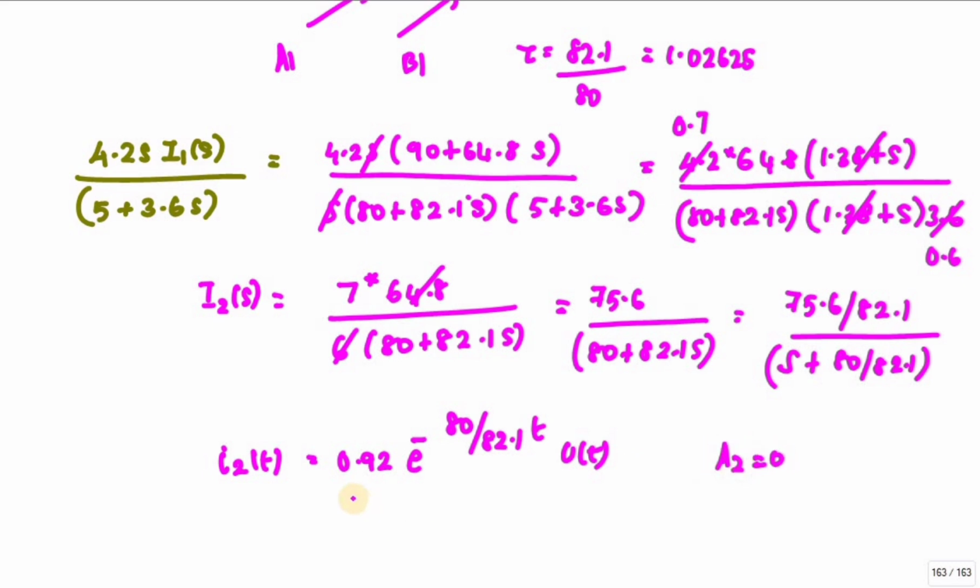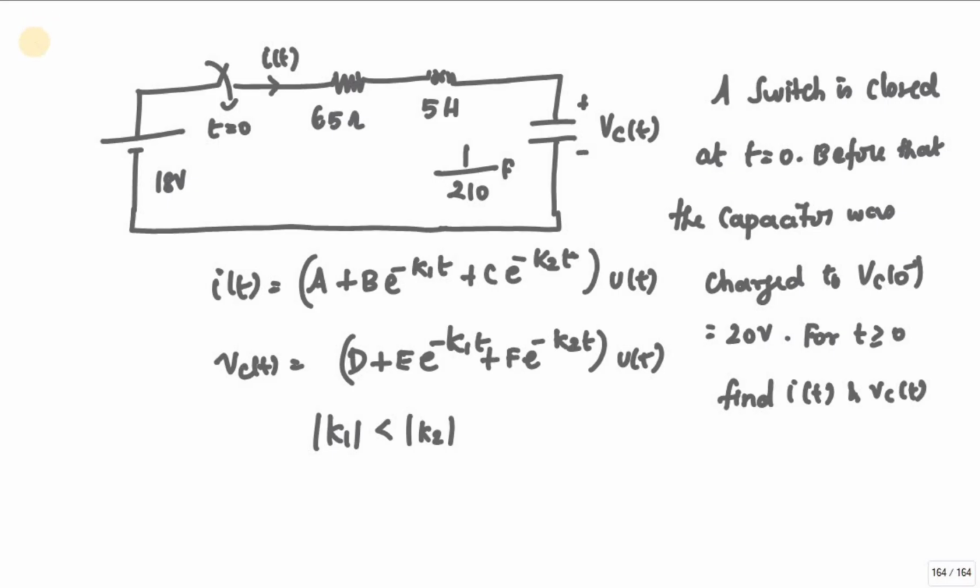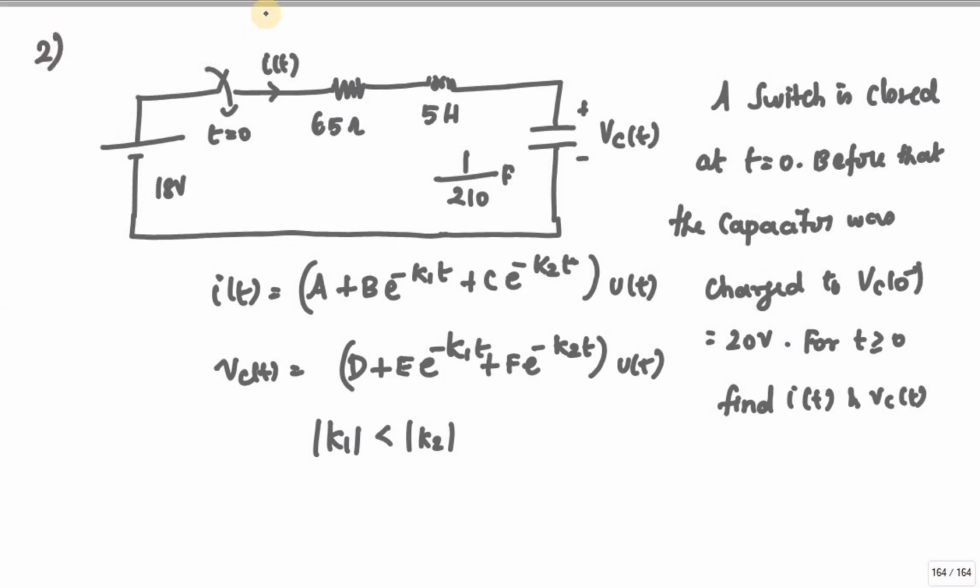Here the A2 value is 0, the B2 value is 0.92, and the tau value is 82.1 divided by 80, similar to the previous equation of I1 of t, that is 1.02625.